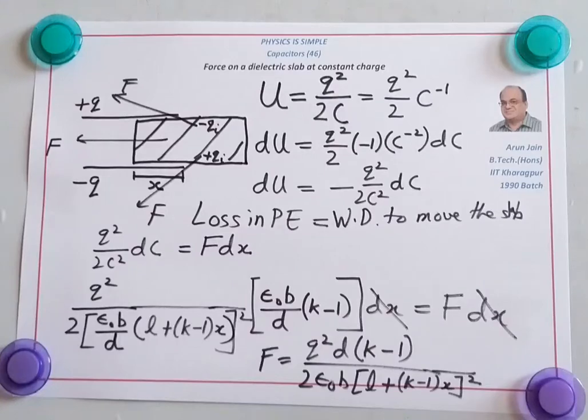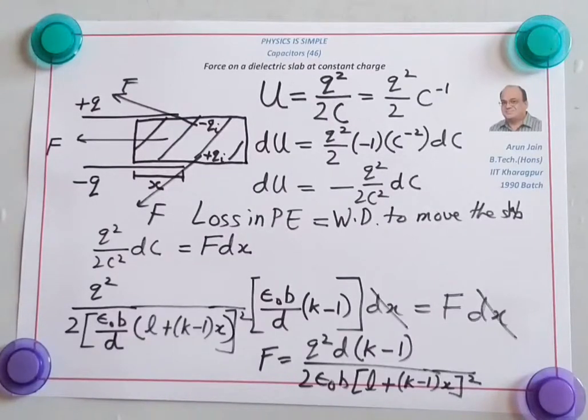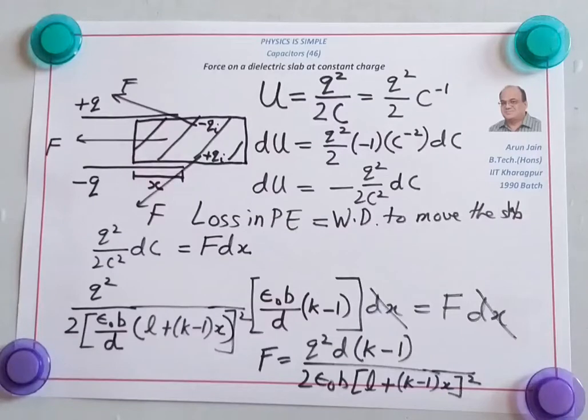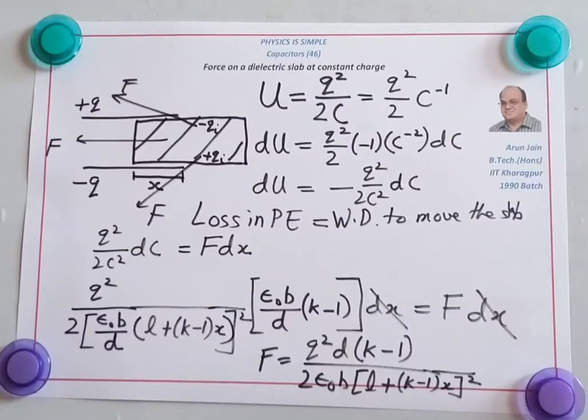When you look at books, you'll be getting lost in the maths, but here I have tried to make the maths very simple. The potential energy stored in the capacitor will be Q square by 2C. Q is constant, that's why I write the equation as Q square by 2C. C is variable. As the dielectric goes in, C will change.